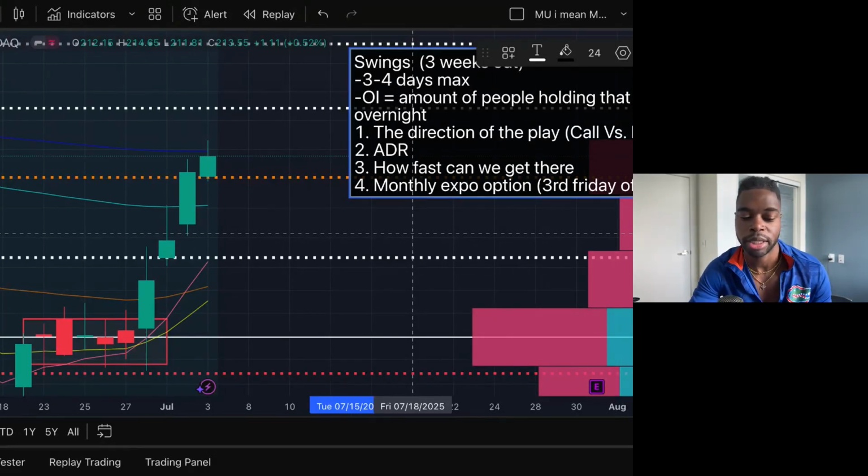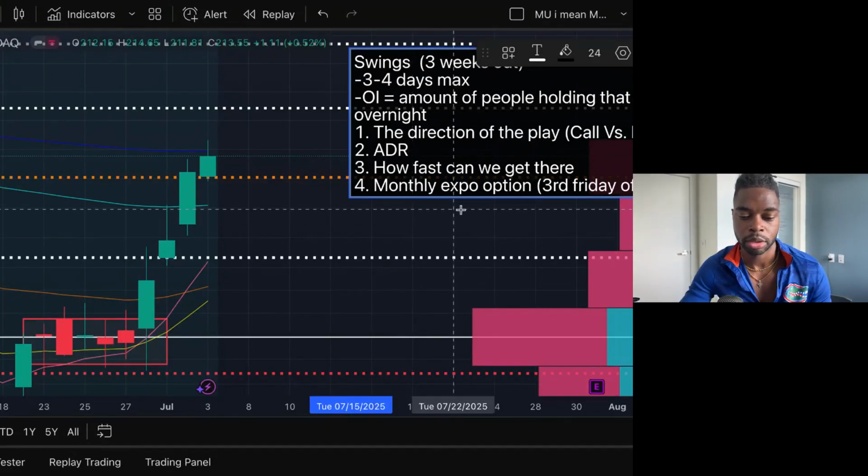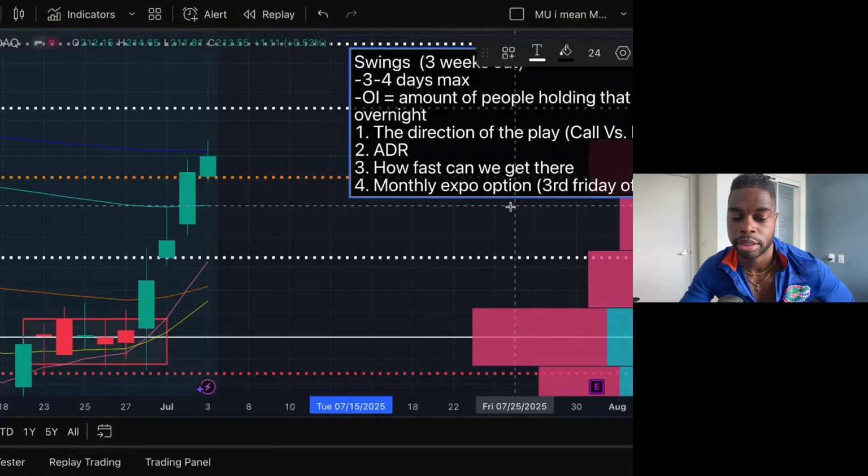But you can use that open interest to determine what strike you want to get, because that's where big money is putting their money, and that's where most people are putting their money. But really, the monthly expiration options should have a ton of volume.